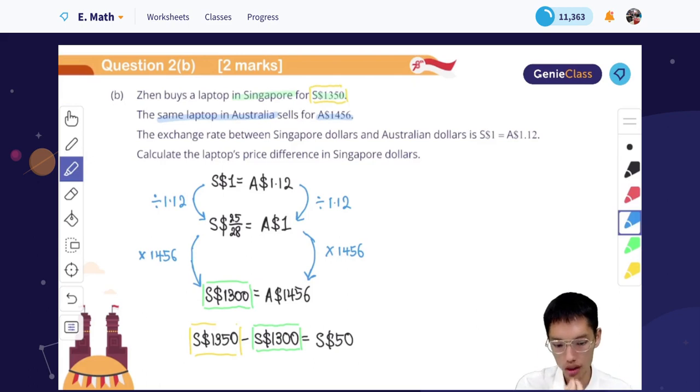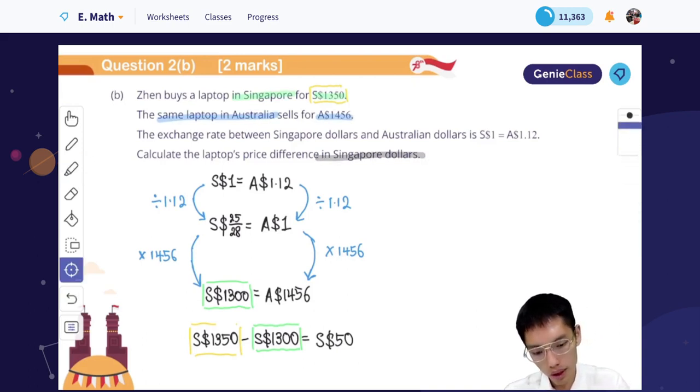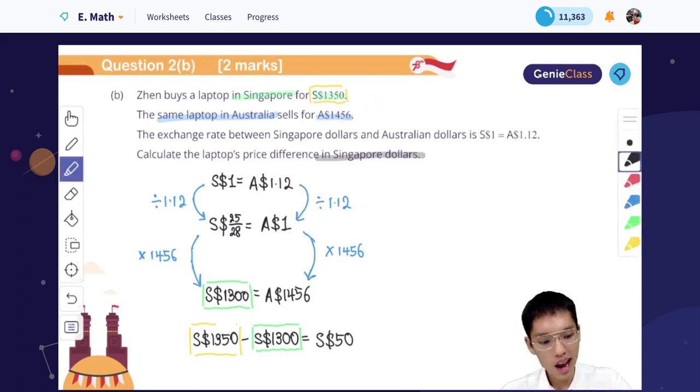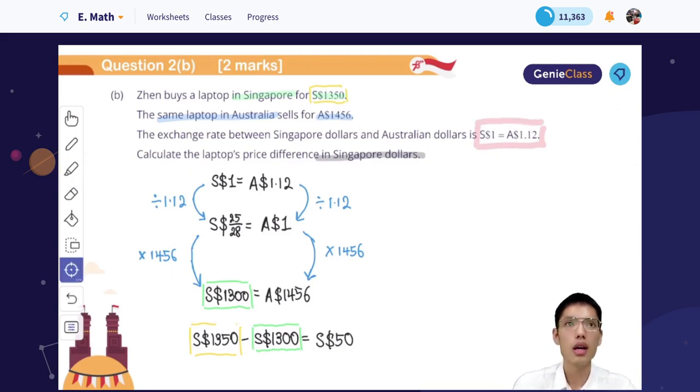It looks like I should subtract these two, but the currency is different. So therefore, in order to compare the price difference in that particular currency that we're looking for, in this case in Singapore dollars, I will have to convert this to Singapore dollars first. And that's where my rate comes in handy. All right, so that's why all the division comes in, because I'm finding Australian dollars. So Singapore dollar to Australian dollar is this.